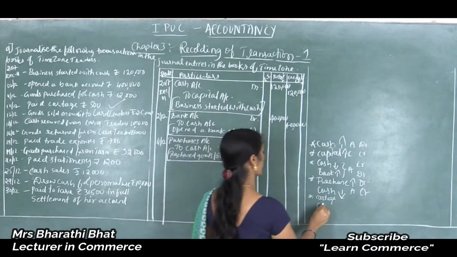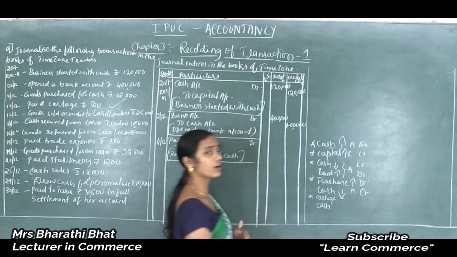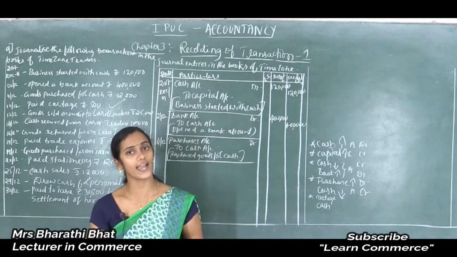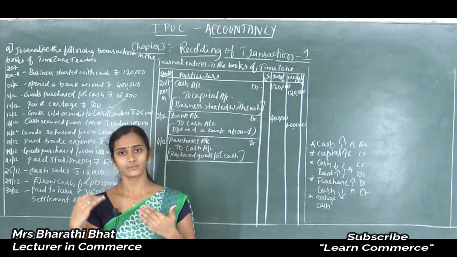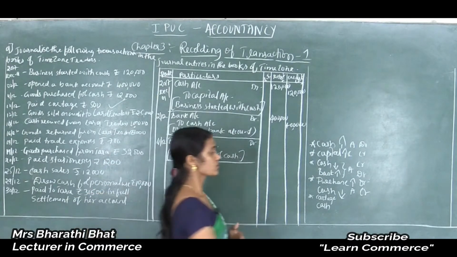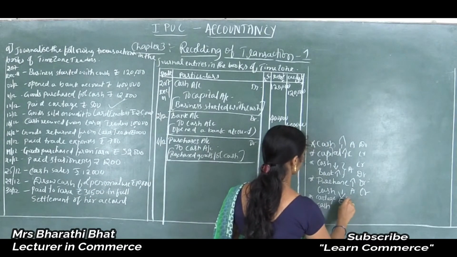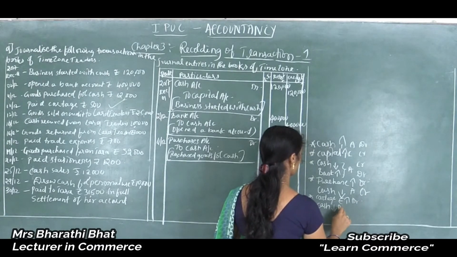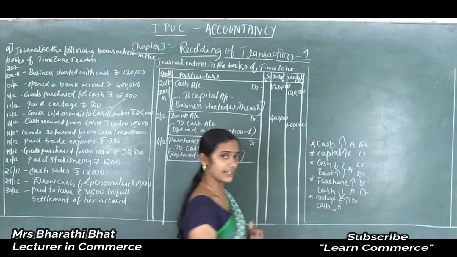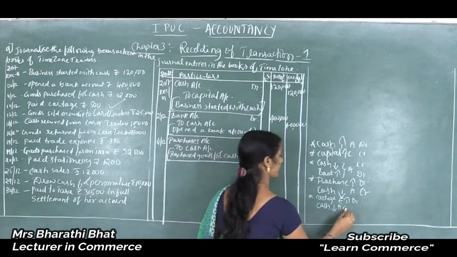To pay cartage or coolie, what do we have to pay? Cash. So cash shows decreased value. Cartage comes under expense, and increase in expense is to be debited. Cash shows decreased value, comes under asset, and decrease in asset is to be credited.